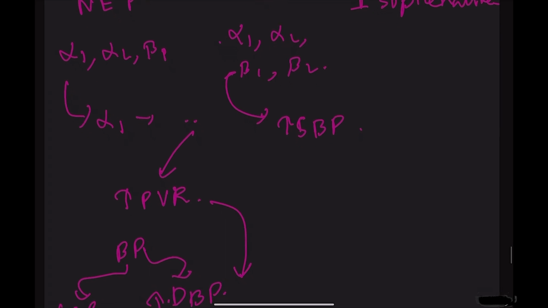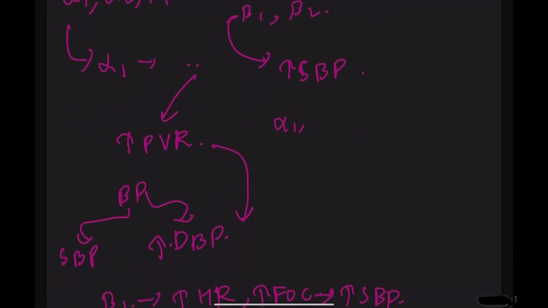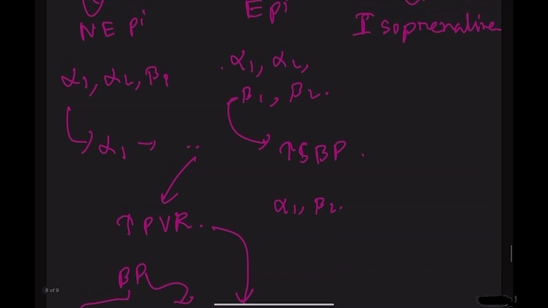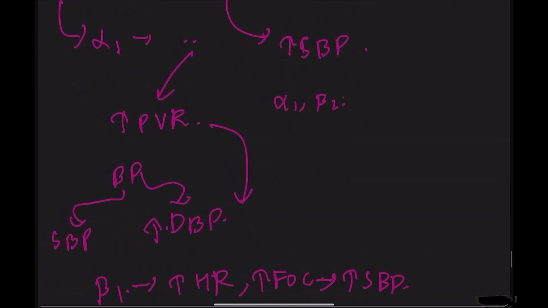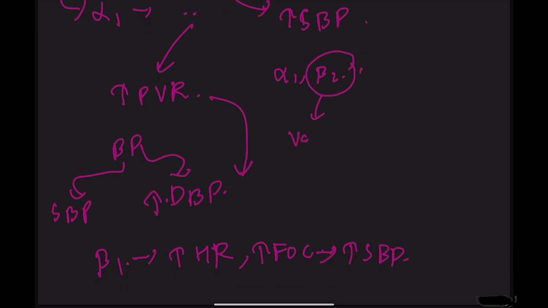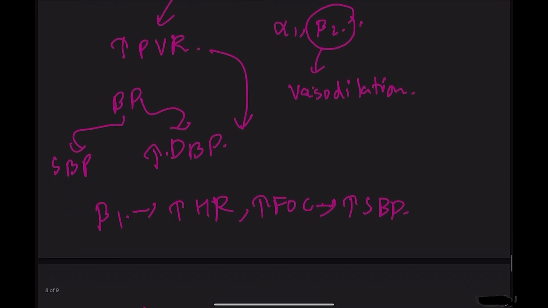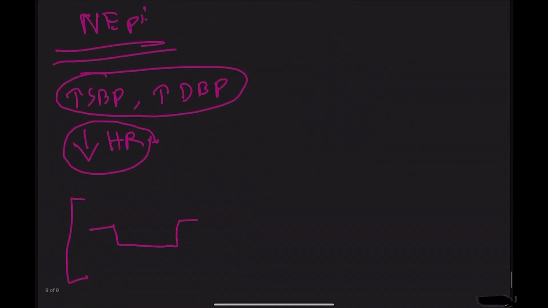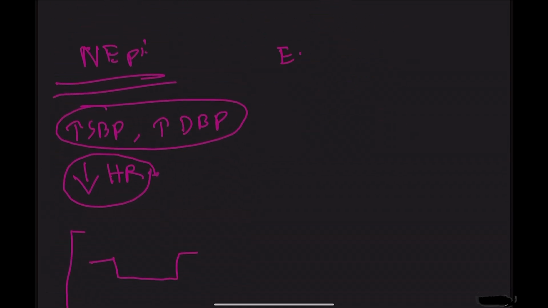But it stimulates both alpha 1 and beta 2 receptor, but it is more selective to beta 2 receptor, and that's why it leads to vasodilation, and it causes decrease in diastolic blood pressure. So in case of epinephrine, it's increasing the heart rate because it is stimulating beta 1 receptors.